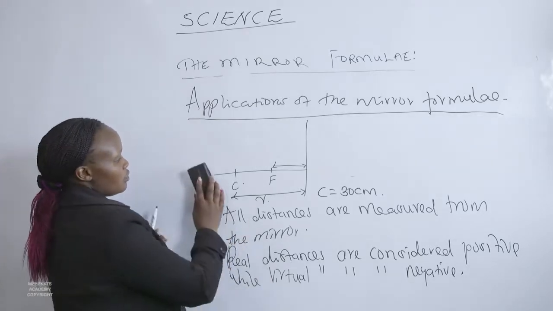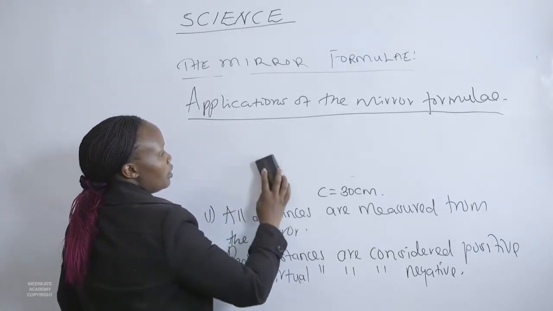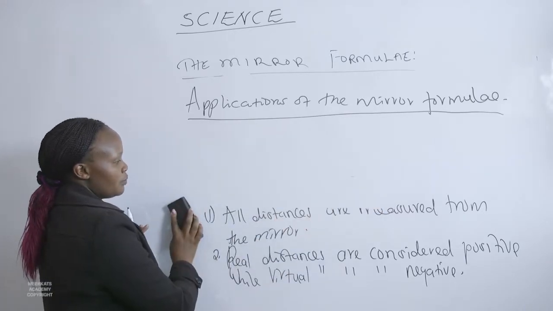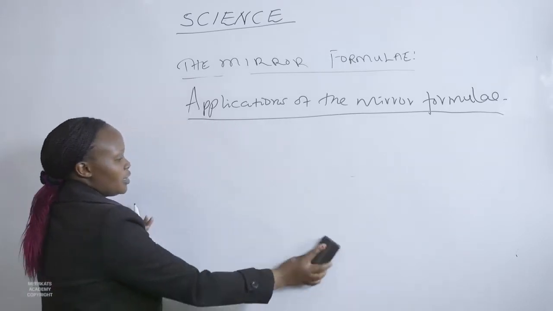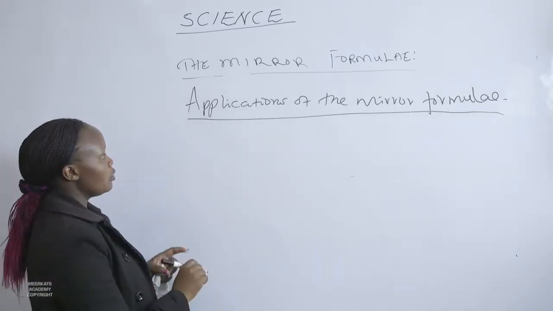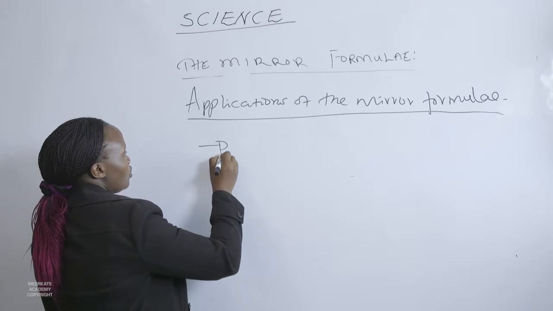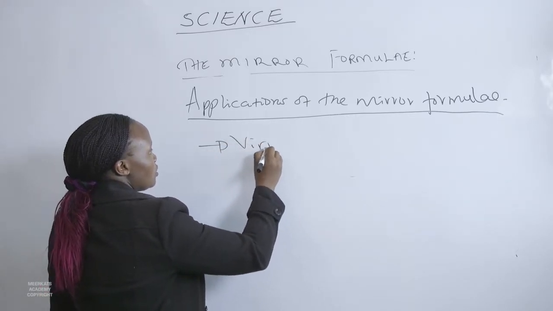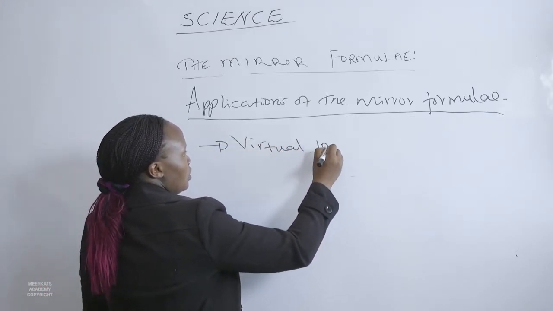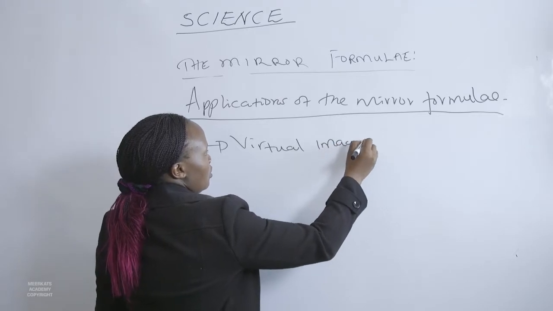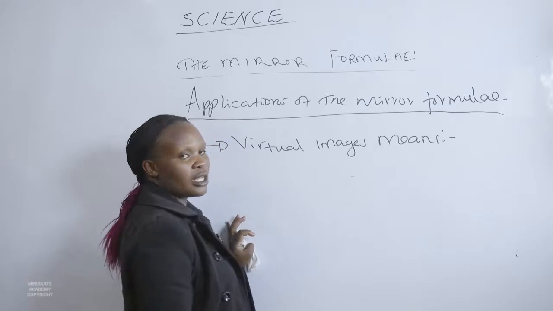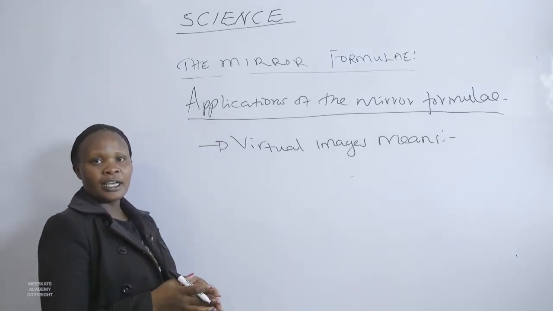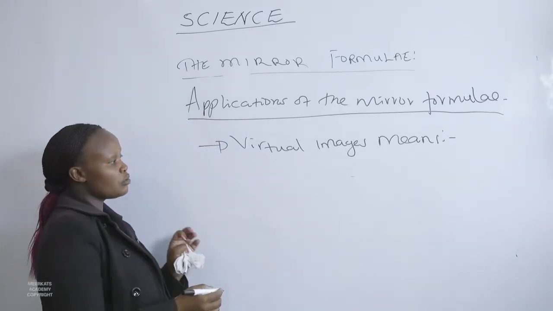Now, in the course of drawing our ray diagrams, we discovered that there are some images that are going to be virtual. Virtual images mean that their distances from the mirror is not real.